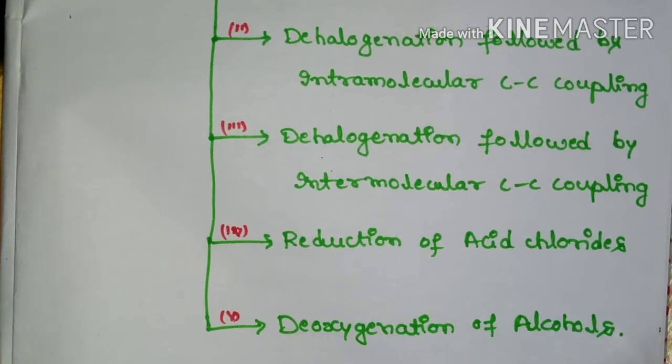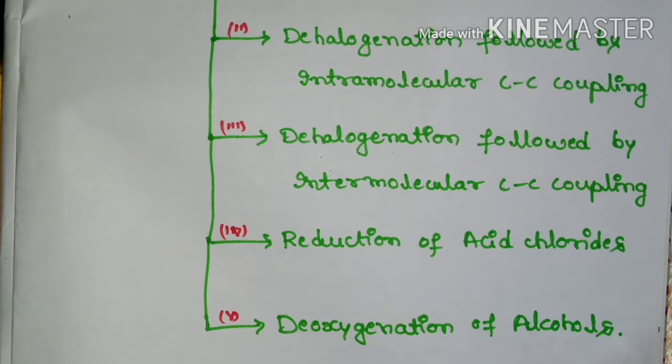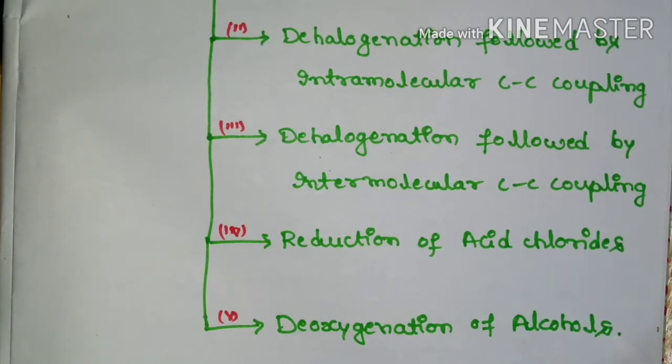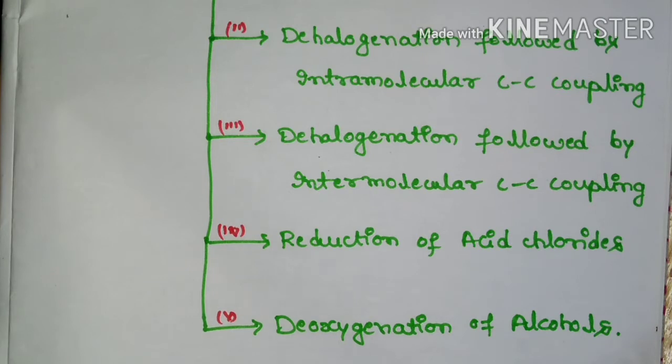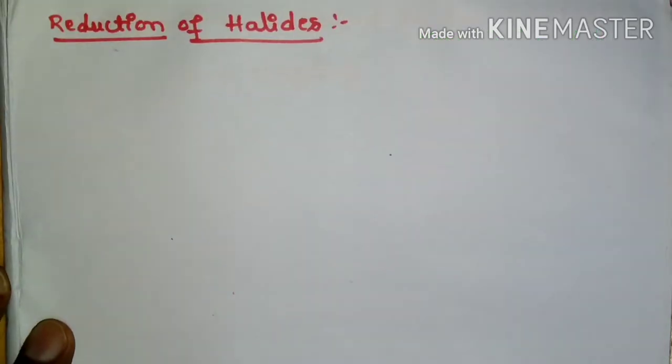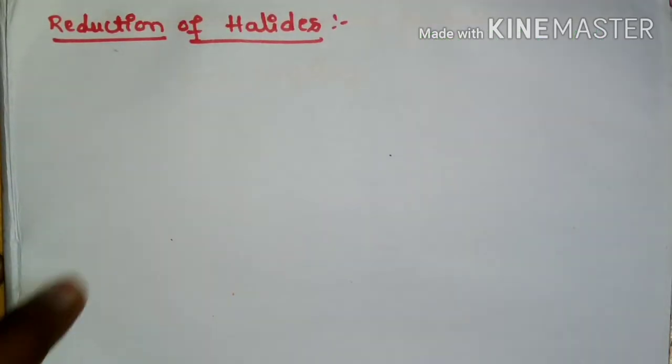Now we will see one by one how this tributyl tin hydride reducing agent is used for the reduction of halides. So first is reduction of halides.